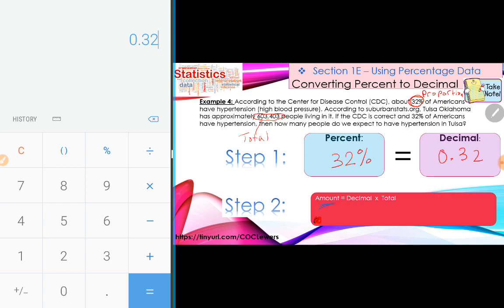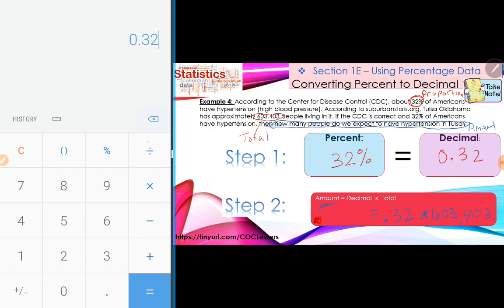This right here: how many people do we expect to have hypertension in Tulsa? That is the amount. How many people? That's what we're looking for. So the answer is going to be the decimal, the 0.32, that's the proportion of Americans that have hypertension, times the total. And the total number of people in Tulsa is that.